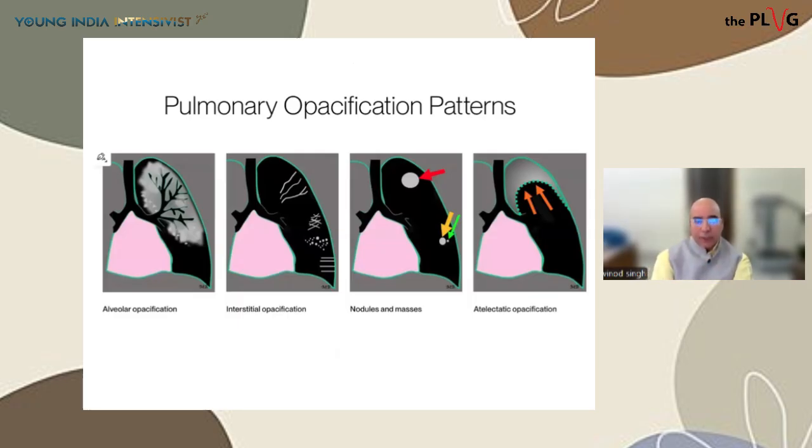It could be alveolar, it could be interstitial, it could be a nodule, or multiple nodules, or it could be atelectasis associated with opacification, or sometimes atelectasis associated with consolidation, or alveolar opacification. It is not necessarily that you will find a separate type of lesion. You might find mixed lesions, particularly in the intensive care unit.